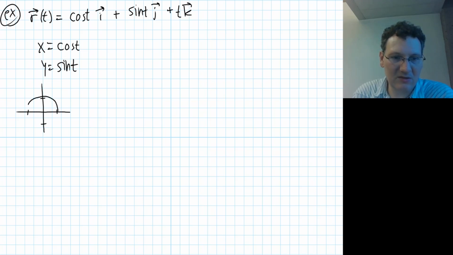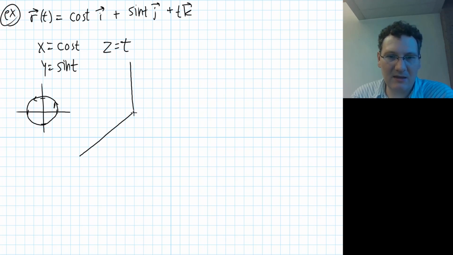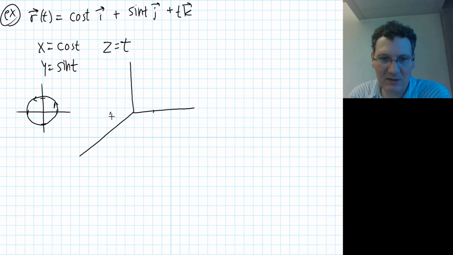It's just going to be a circle as t increases, right? It's going to go around and around and around. But z is equal to t. So what you want to think about in 3-dimensional space, although in 2D it would be a circle, that would be the base of this thing.